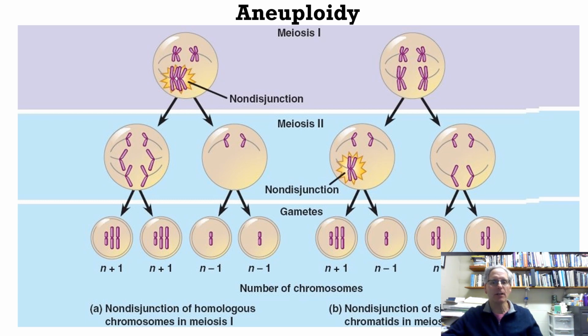And these tend to not be compatible with life. The only one that's compatible with life is trisomy 21. There are a few others. Some kids will survive with them, but they don't survive usually all that long.